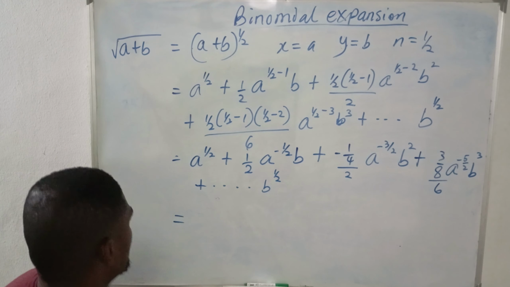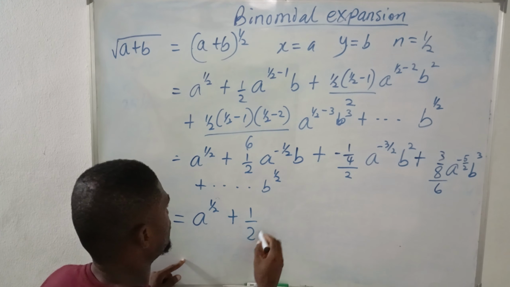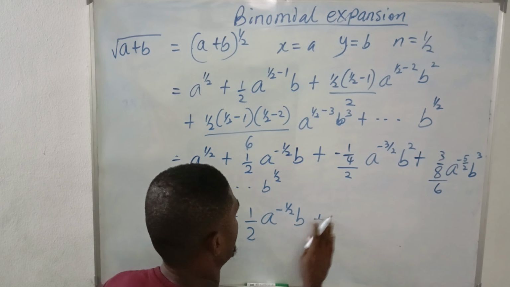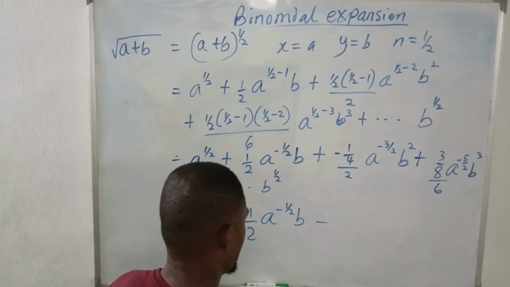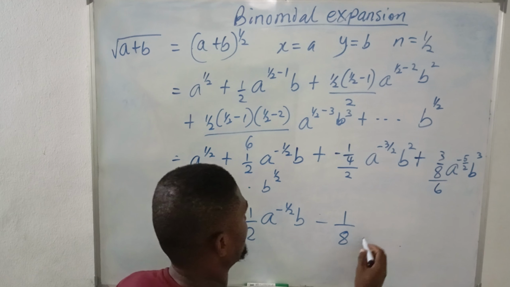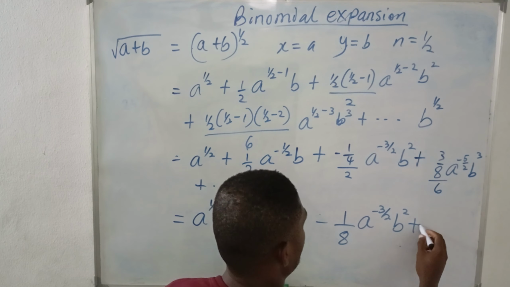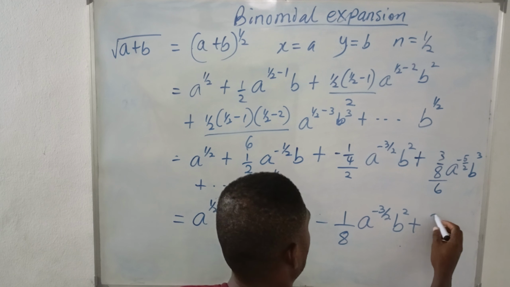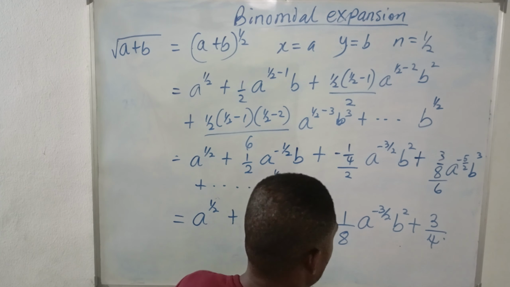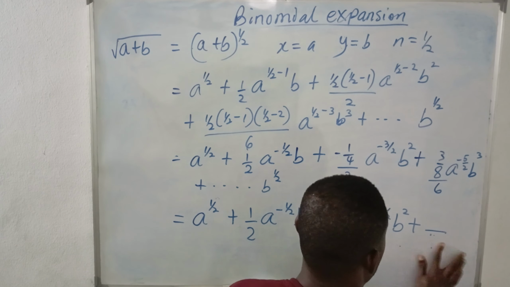Alright, so finally, this would be the same as A raised to the power 1 over 2 plus 1 over 2 A raised to the power minus 1 over 2 B. And this would be the same as negative, because of negative times positive is negative, 1 over 8 A raised to the power minus 3 over 2 B raised to the power of 2, plus 3 over 48, and 3 over 48 is the same as 1 over 16.